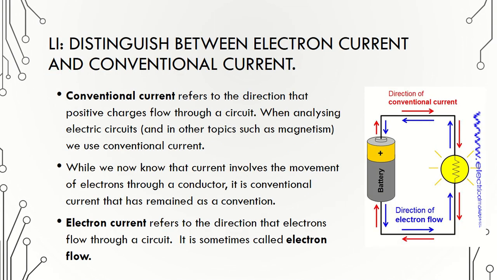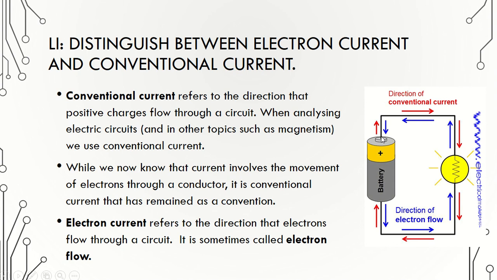Now, this bit's going to annoy you, but you just need to suck it up and go on with it. You need to distinguish between electron current and conventional current. Before they knew what particles moved, they thought the particles that moved in a circuit were the positive particles.